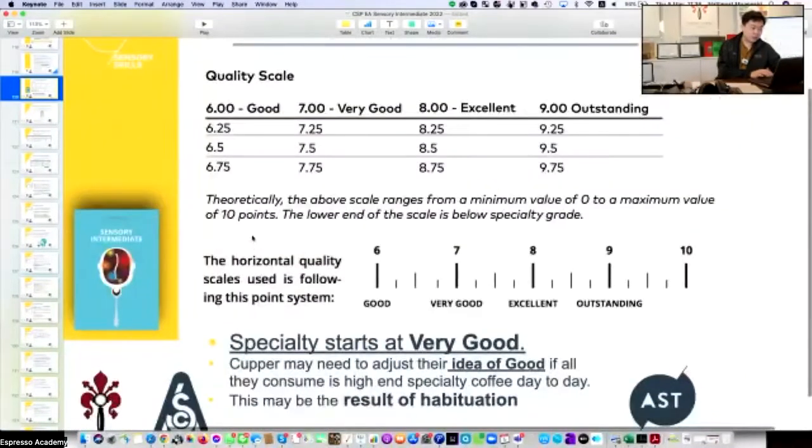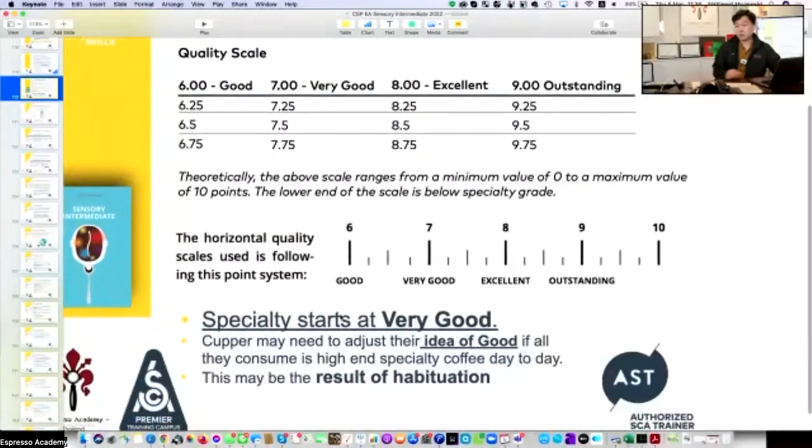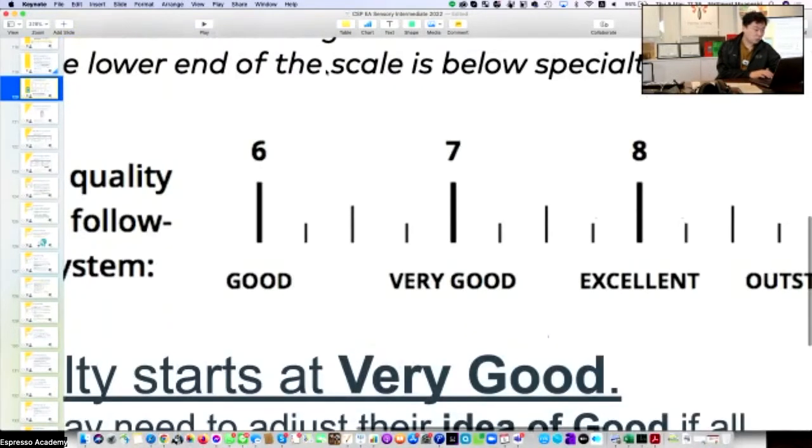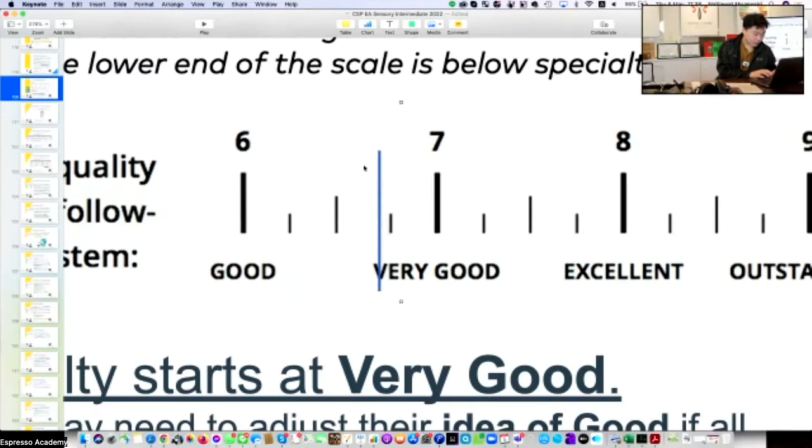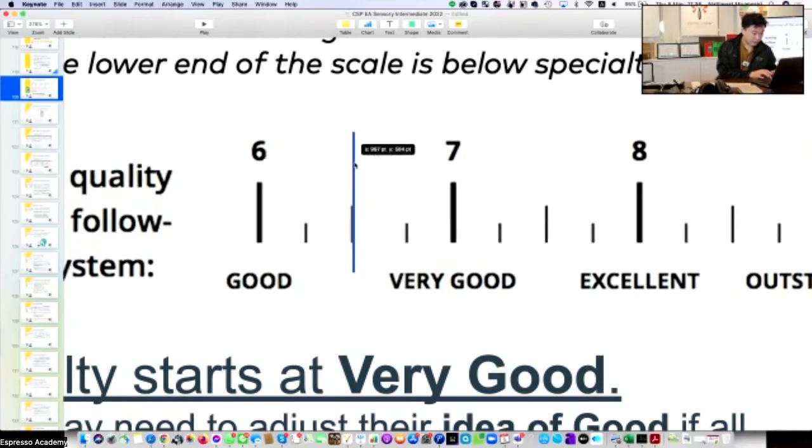When you want to score, make sure you score just 0.25, 0.5, or 0.75. Don't be a superhero or super taster who can identify 0.25 plus 0.175. They just want you to score on the line, right here, or here, or here.